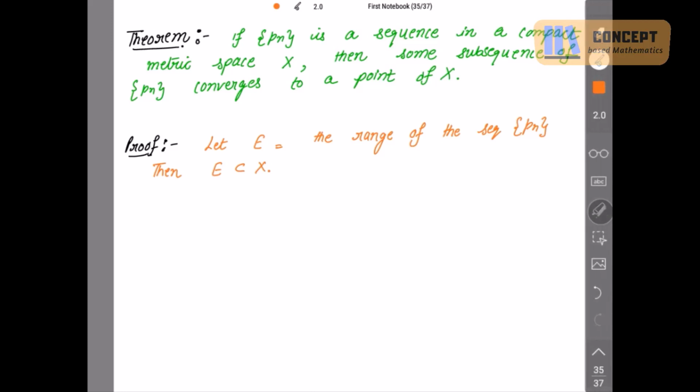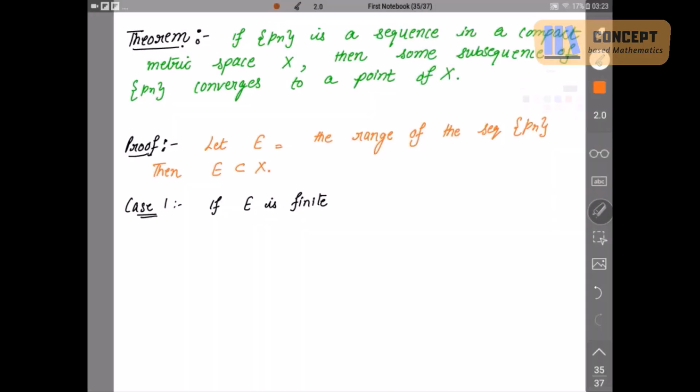Now the case 1, because we don't know about the sequence, the range can be finite or it can be infinite. Suppose case 1, the range is finite. If E is finite, then what will happen?